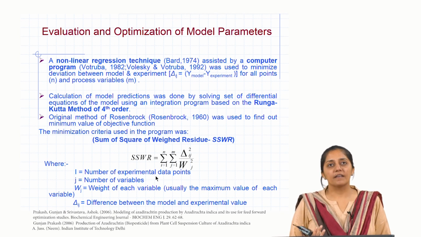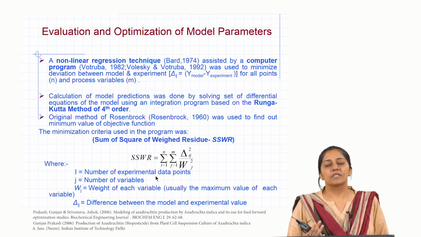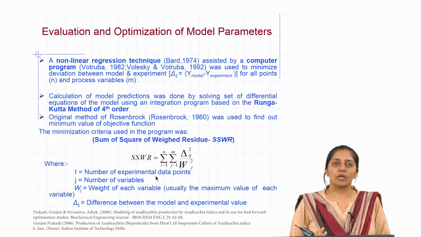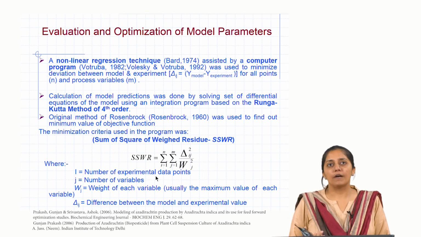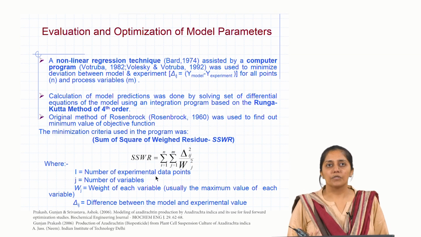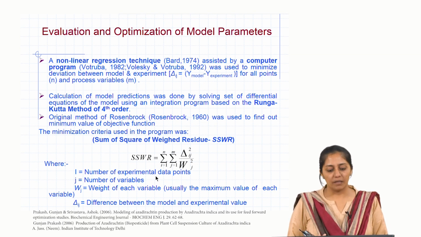A non-linear regression technique was then applied, assisted by a computer program, to minimize the deviation between the model and the experimental values for all the data points and process variables. An objective function called the sum of squares of weighted residues was used to simulate the model.